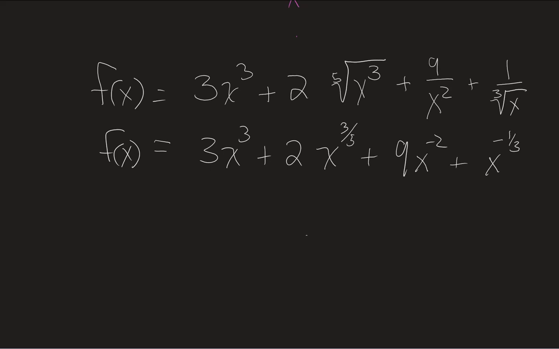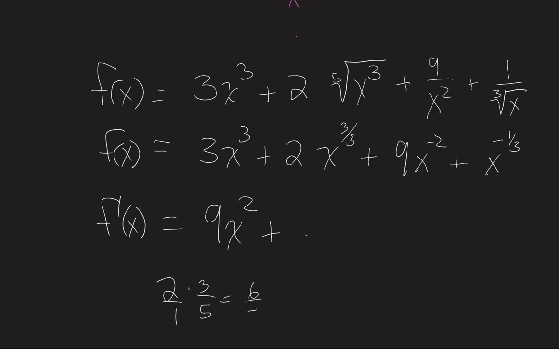So now we can take the derivative. 3 times 3 is 9. So this is 9x squared plus 2 times 3/5 is 6/5 x, and then I subtract 1 from 3/5. So subtracting 1 is subtracting 5/5.